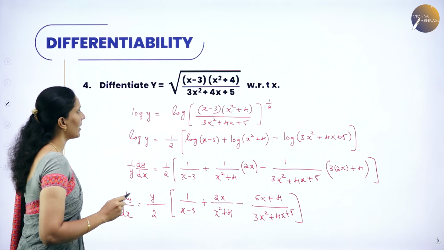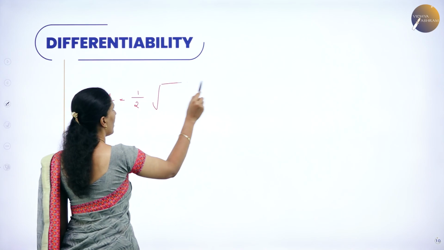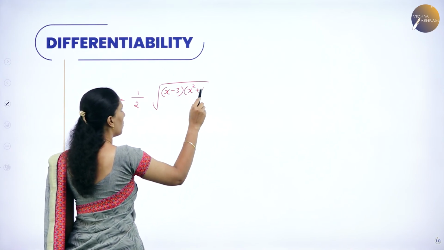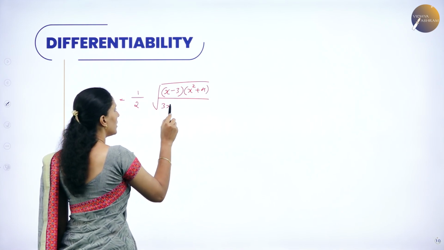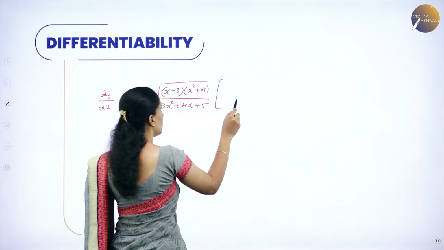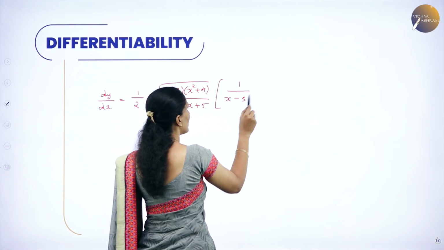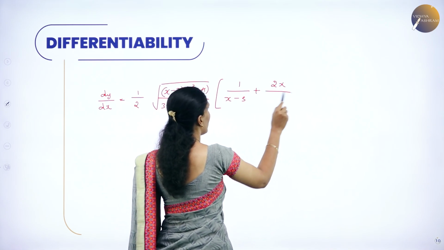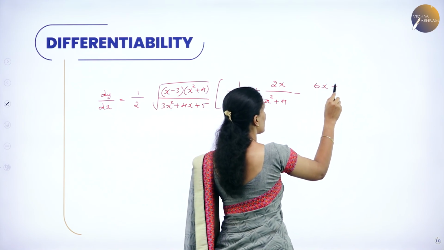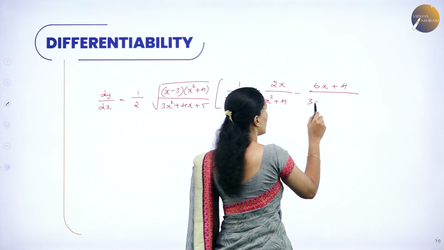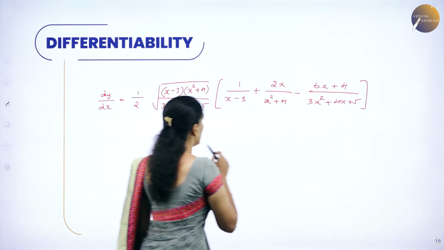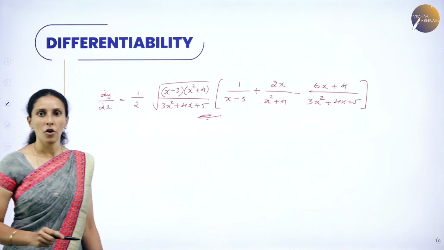What is y we have to write? That is square root of (x minus 3)(x square plus 4) divided by (3x square plus 4x plus 5), into [1 divided by (x minus 3) plus 2x divided by (x square plus 4) minus (6x plus 4) divided by (3x square plus 4x plus 5)]. So this is the derivative of the given function.